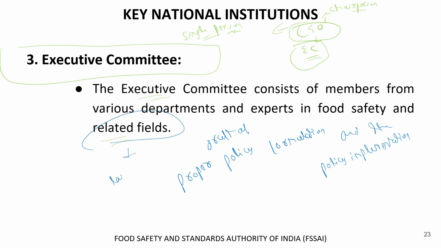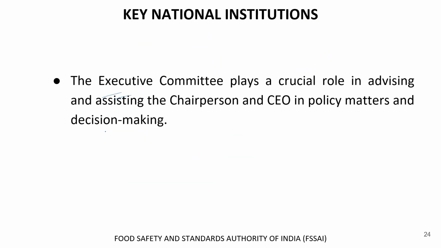It also includes members from the law field. Like the food safety law the authority is making should not be against any law provision of the country. Okay. The executive committee plays a crucial role in advising and assisting the chairperson and CEO in policy matters and decision making. That's why I told you policy draft formulation is basically under the executive committee.